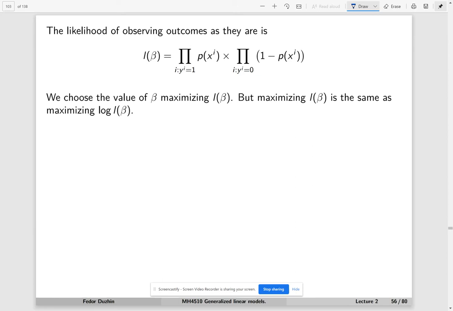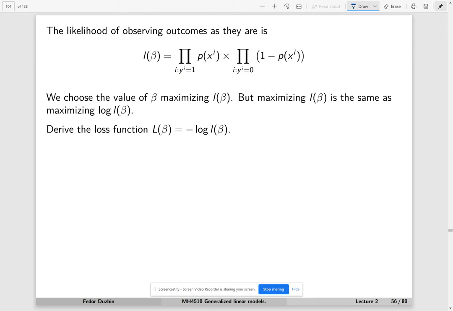Maximizing this likelihood is of course the same as maximizing the logarithm of it, because logarithm is an increasing function. Since we are minimizing the loss function, we are going to minimize minus the logarithm of the likelihood. So minimizing the loss function is therefore the same as maximizing the likelihood.